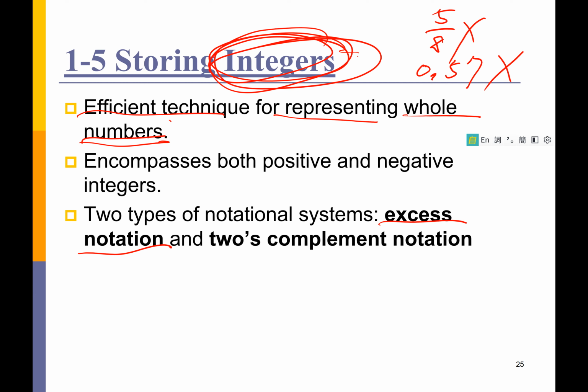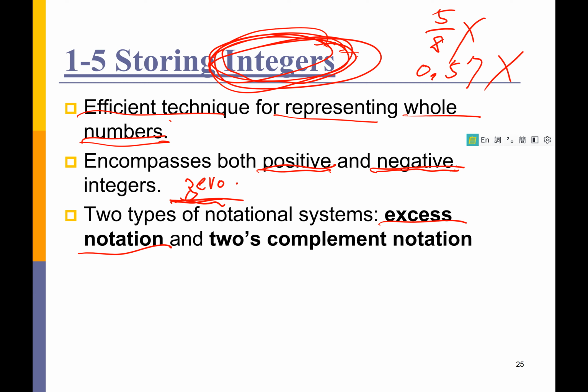Now, as we know, integers consist of positive integers and negative integers, and what? And a 0. Okay? All these three kinds of values should be able to be represented.